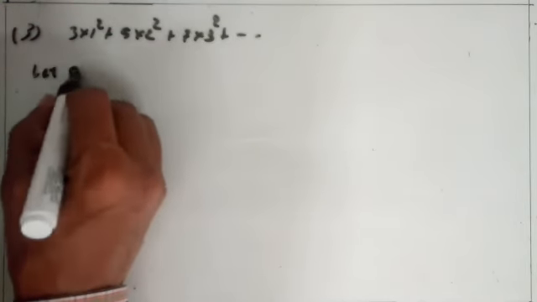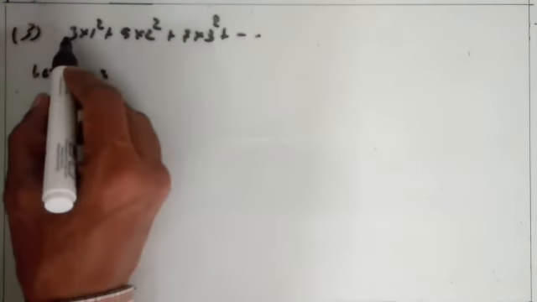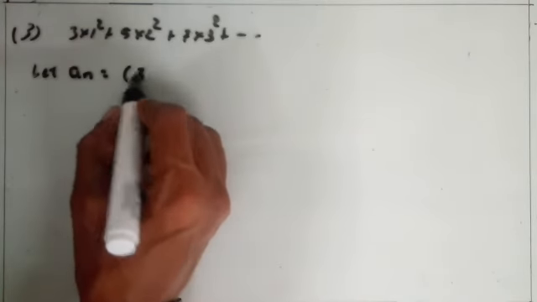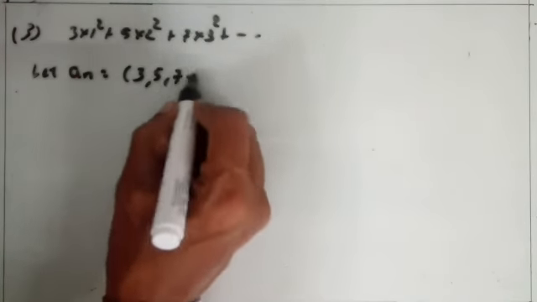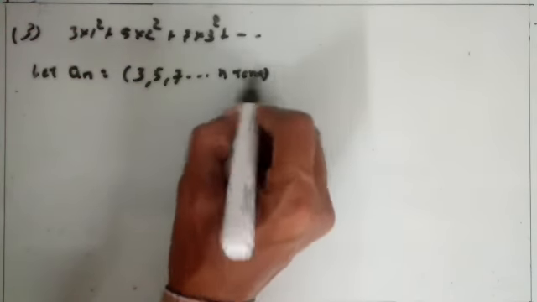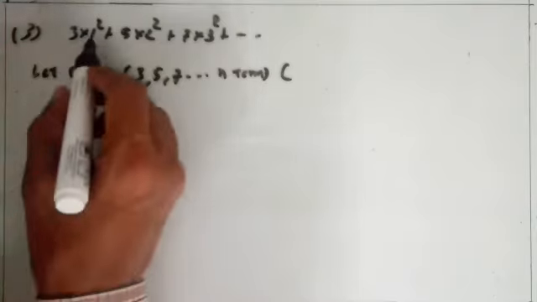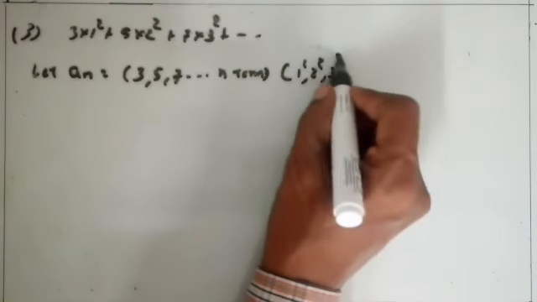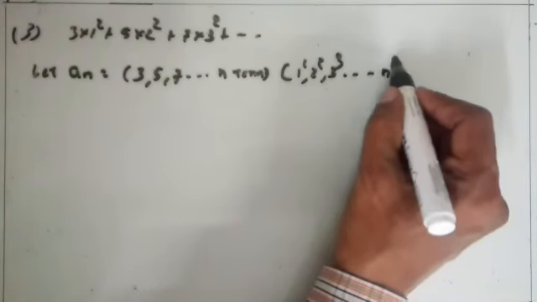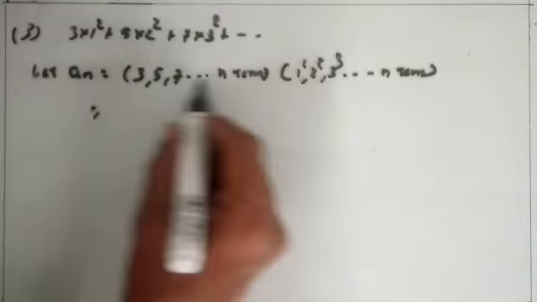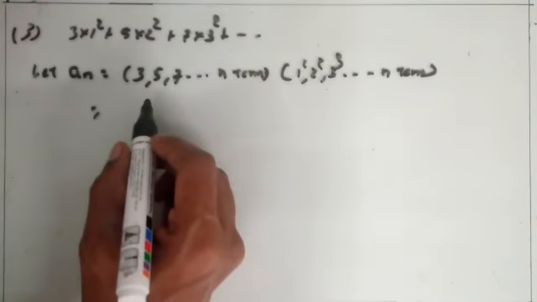First find the n-th term. Let a_n be equal to: here the first factors are 3, 5, 7, so in the first bracket write 3, 5, 7 up to n terms, into, now in the second bracket 1 square, 2 square, 3 square up to n terms. Now find the n-th term of our first sequence.